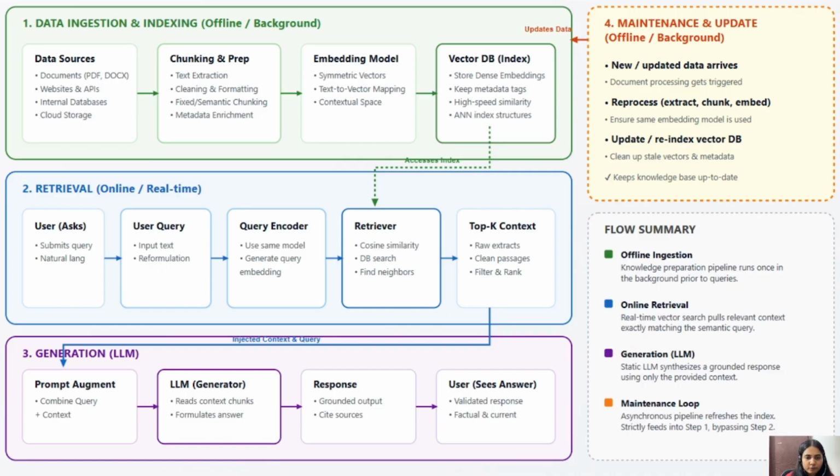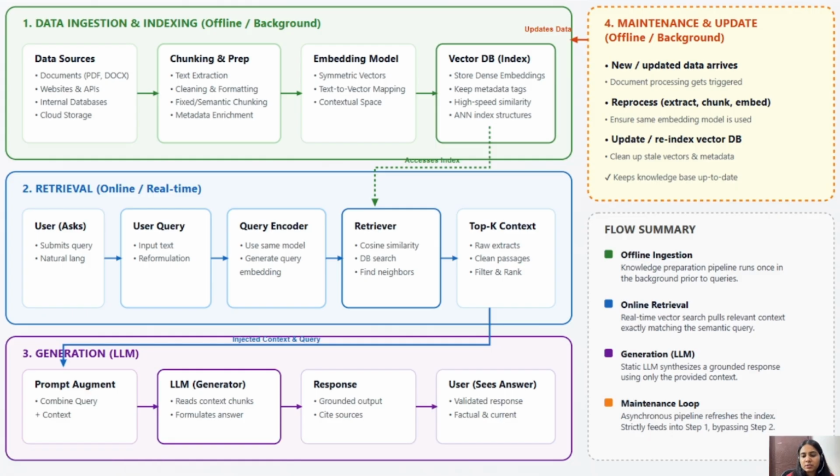At that point it retrieves the data from the vector db. Then generation is where the llm synthesizes a grounded response, using the information we get from the vector db and from our query.